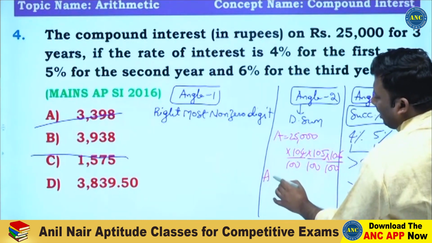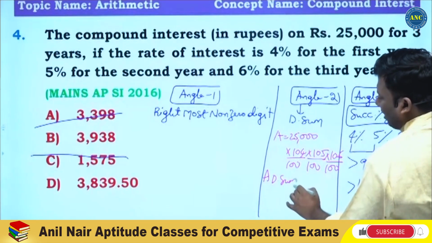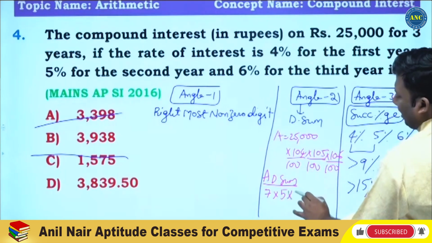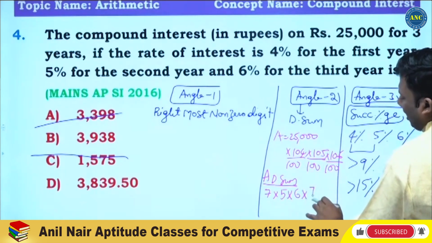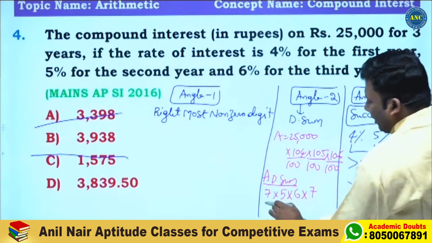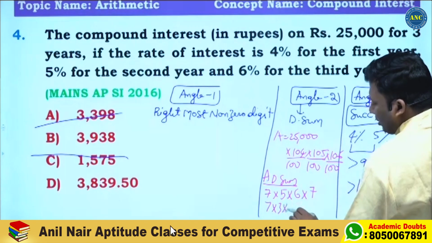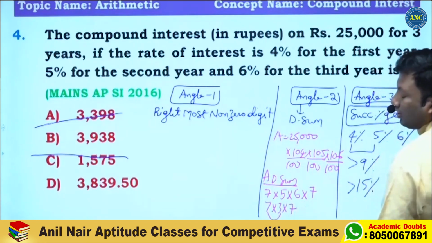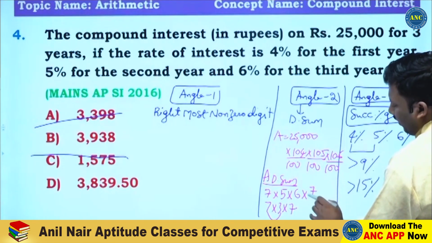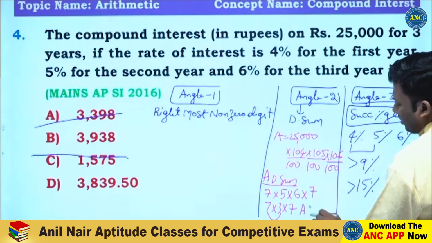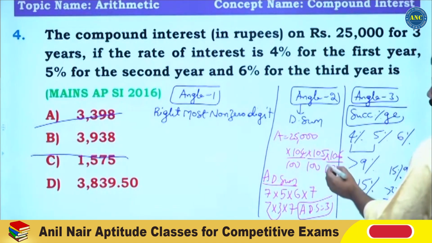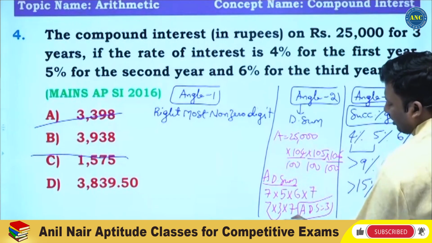What is the amount digital sum? 25,000 has digital sum 7. 104 is 5, 105 is 6, 106 is 7. 6 5s are 30, which is 3. Then 7 3s are 21, which is 3. Amount digital sum is 3.